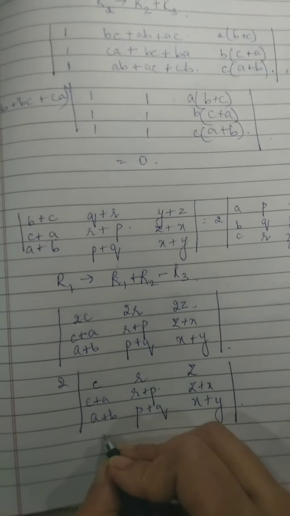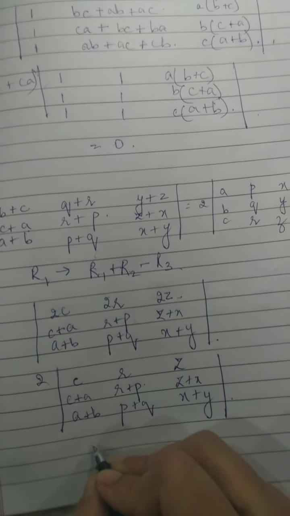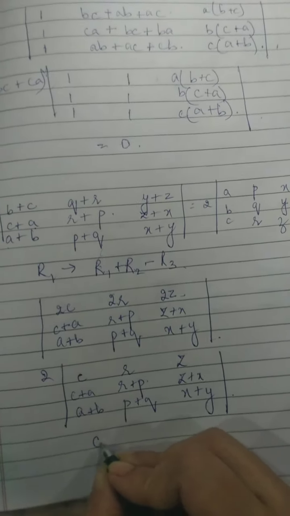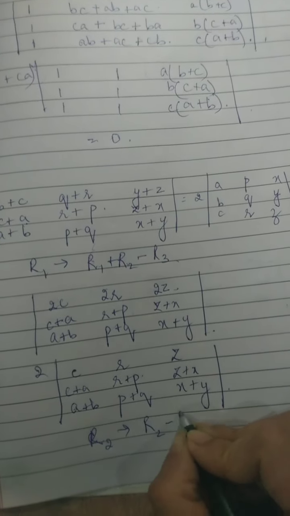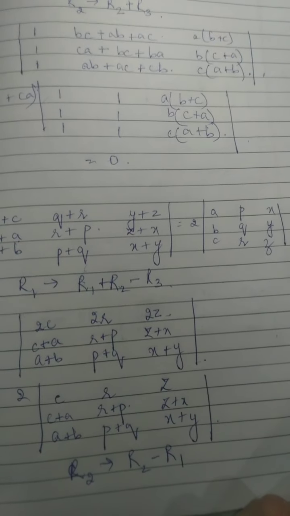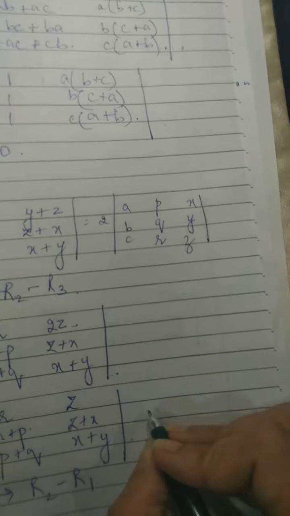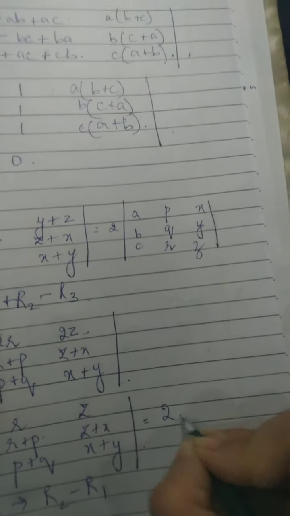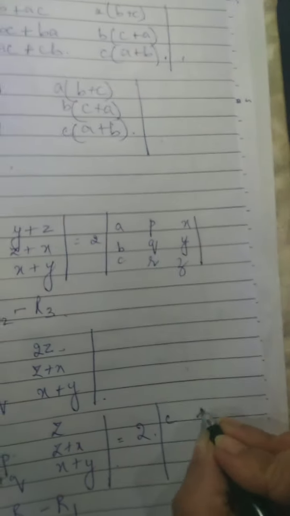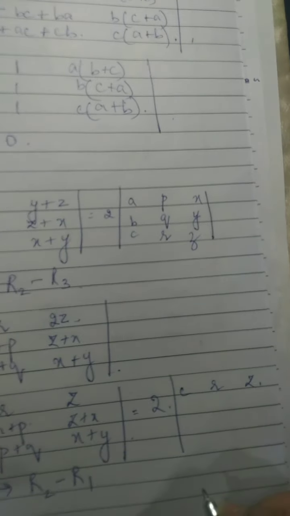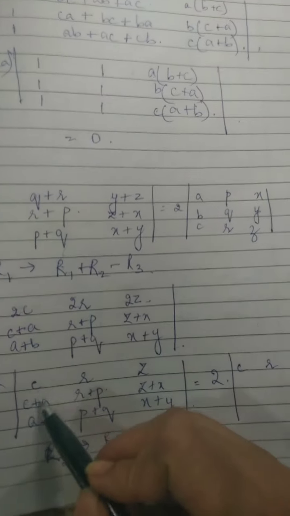right? Applying another operation on row 2, that is row 2 minus row 1. What do we get? Remember, on applying this operation, we get 2 times C, R and Z. They remain as it is. This minus this.